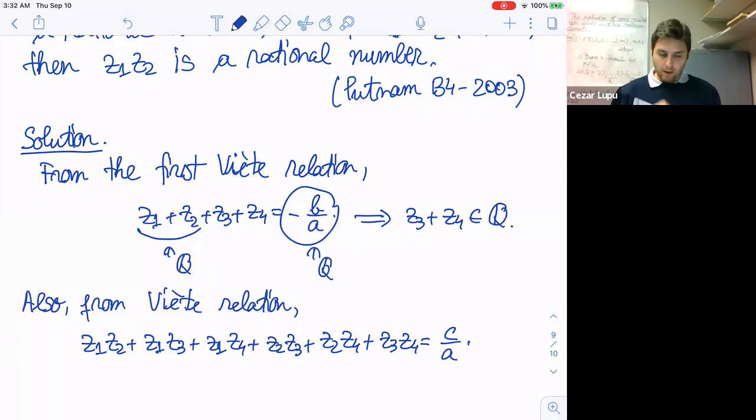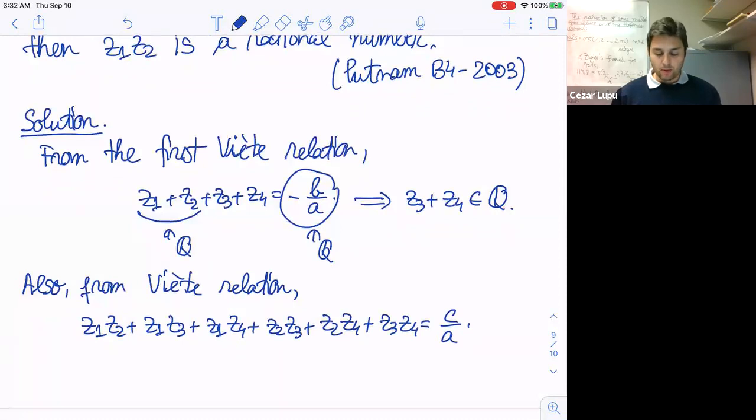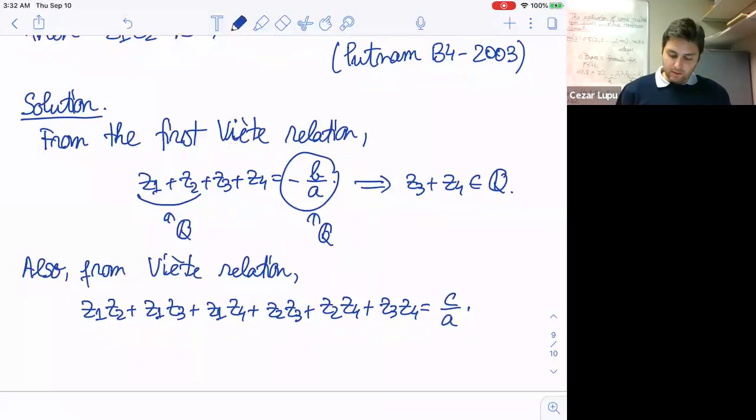Now, we can group this together somehow. In fact, we can factor here. In fact, that's the secret of this. Let's call this first one V1 from Viet1, and this is V2 from Viet2. Now we have to come up with some kind of a trick here to group these terms, because we want to use the fact that z1 plus z2 is rational, but we also know that z3 plus z4 is rational.